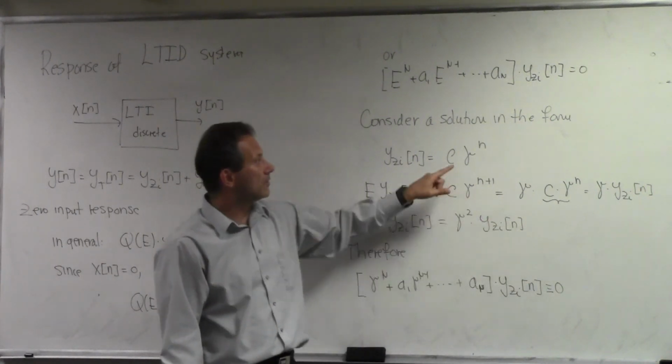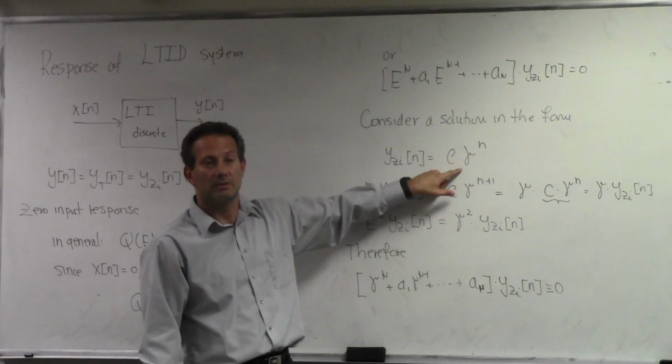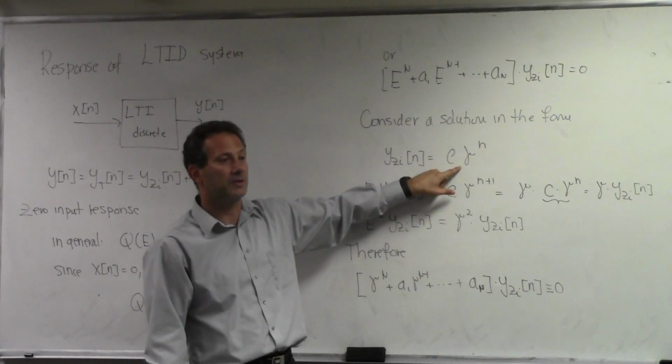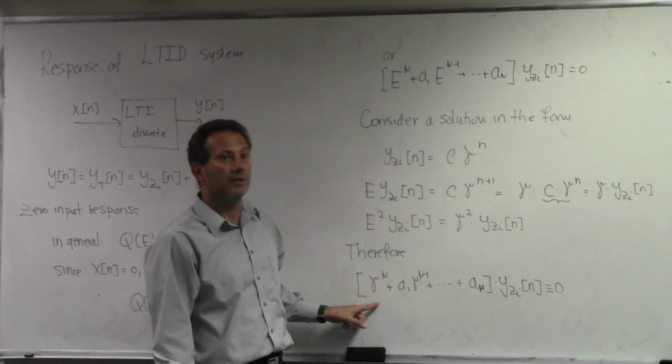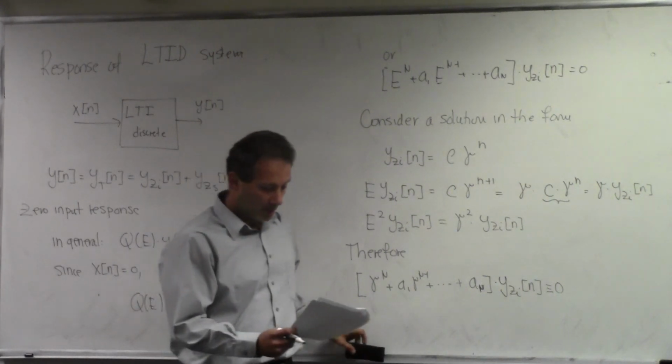you can make this condition work if your gammas are of a special value. And what are those special values of gamma? They need to solve this polynomial. They need to be roots of this polynomial.